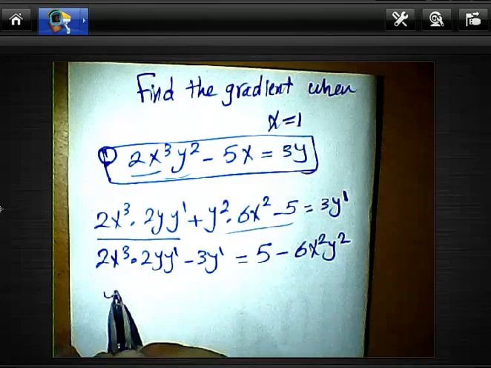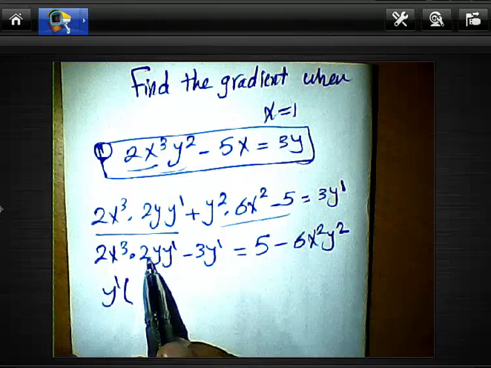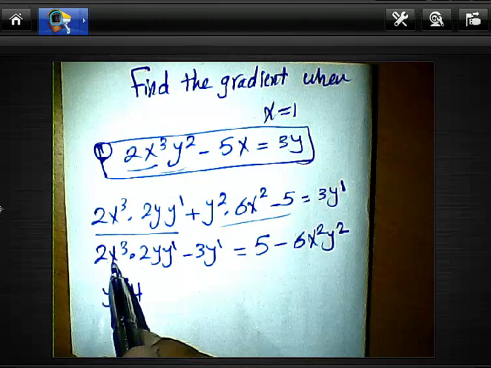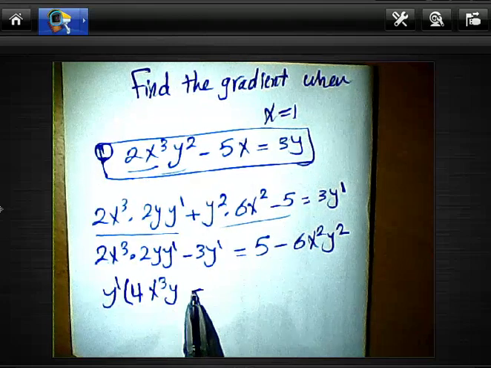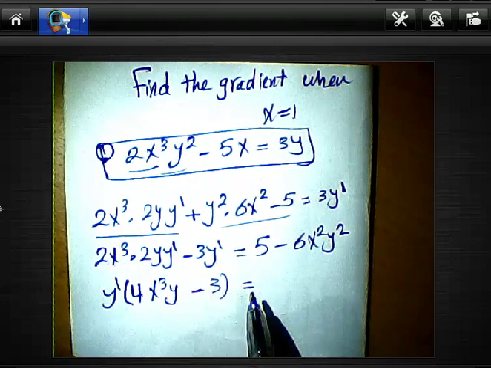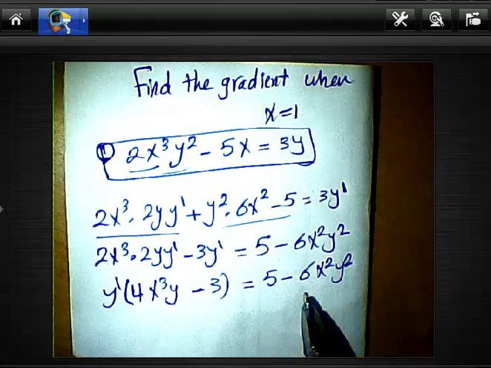We can write y' outside as a coefficient. We know 2 multiplied by 2 equals 4, so (4x^3 y - 3) y' = 5 - 6x^2 y^2.